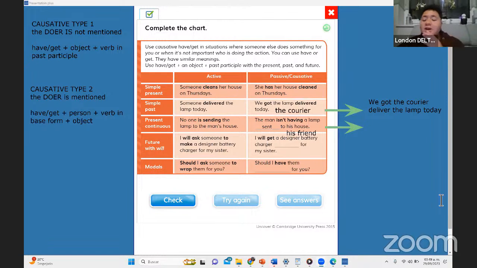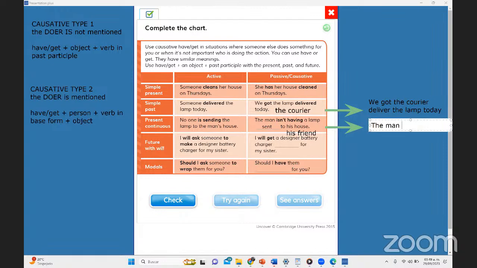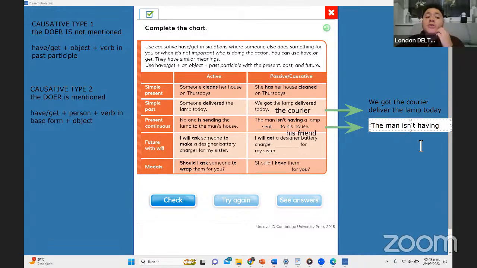Okay, guys, so tell me, how can we write this sentence, but in the causative type 2? Okay, the man. We start with the man. The man isn't having. Now we need the person who does the action: his friend.